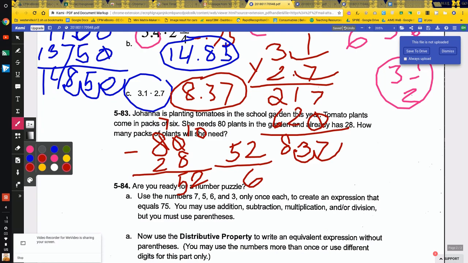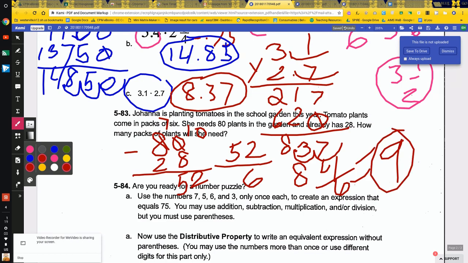Well, I know 6 times 10 is 60. 6 times 9 is 54. So it goes in 8 times, which is 48. There is 4 left over. So 8 and 4 is 6. Now, since he's still short, he's going to have to buy 9 packs.